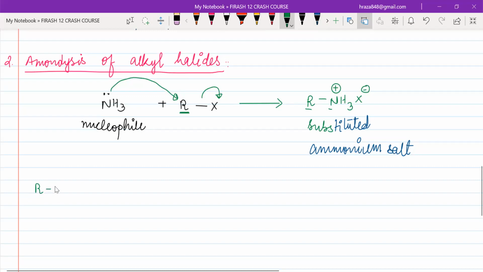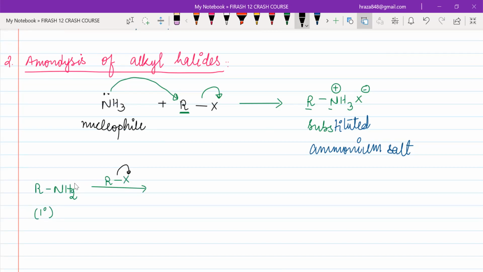If you have RNH2, that means you have a 1 degree or primary amine, and you are going to react with RX. Just focus here, then you will write RX. So what will happen here? Here, X minus will be eliminated, and one of the hydrogens from here will also be eliminated in the form of H plus, or you can think of it like this: R will substitute one of the hydrogens.